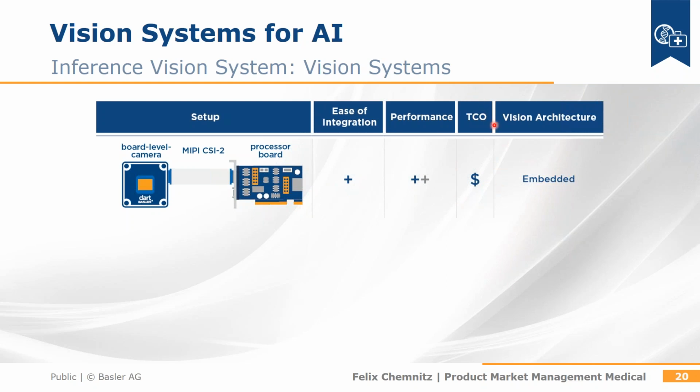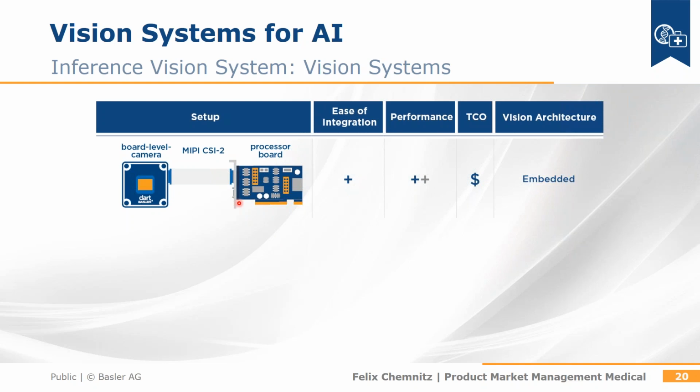For the total cost of ownership, this is, I think, the cheapest system you can build, because such a vision module or dart camera would be around $100. And the processing board itself, for an evaluation board, you would pay between $200 and $400.